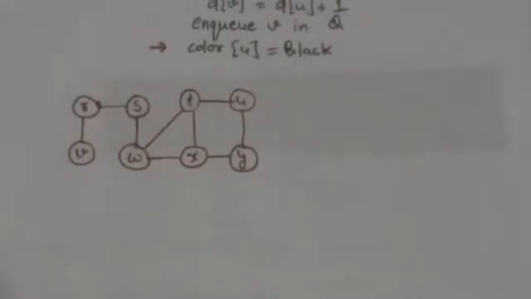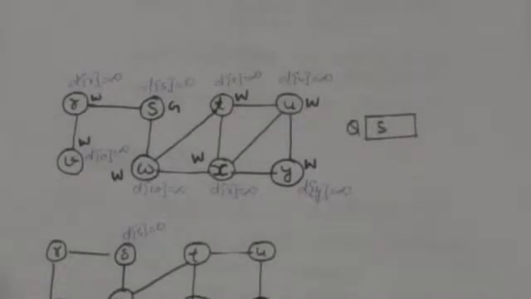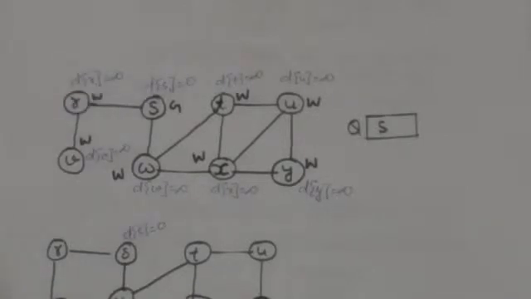Now, let us see how the breadth-first search algorithm works on this graph. Here the vertex S is the source vertex. So first of all, for all vertices except the source vertex S, we will set their distance from the source vertex as infinity.